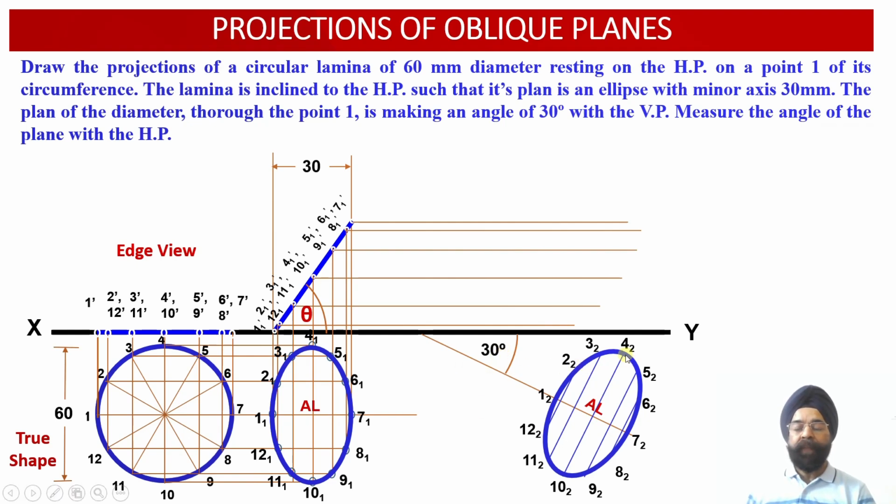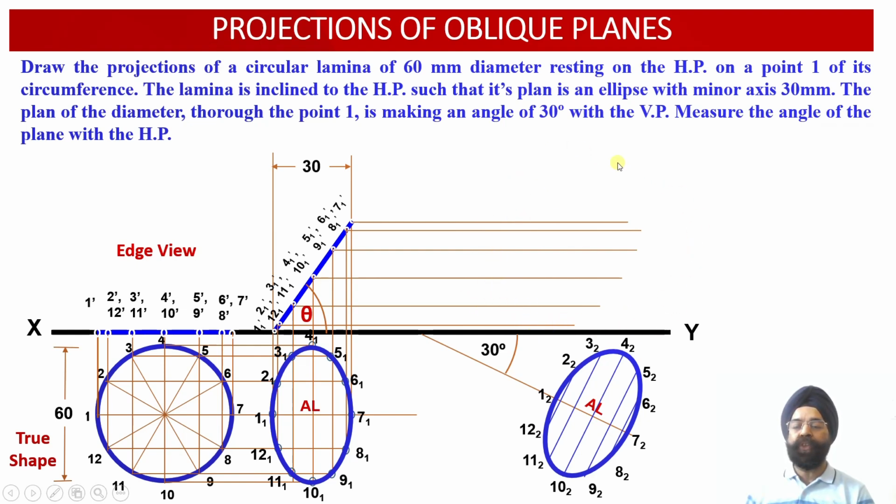So this way the plan projections corresponding to the oblique lamina, which happens to be inclined to HP and VP, have been obtained. Now once we have obtained the top view projections corresponding to this oblique lamina, the corresponding projections of the oblique lamina in the front view need to be obtained.